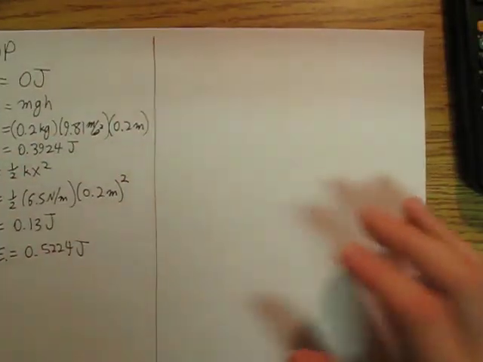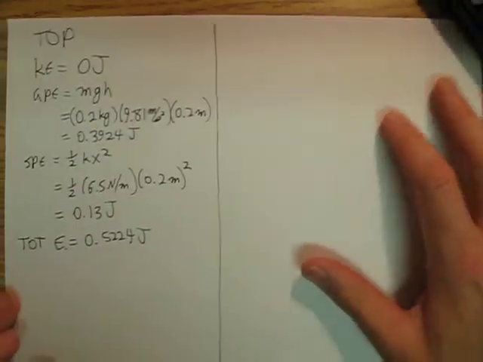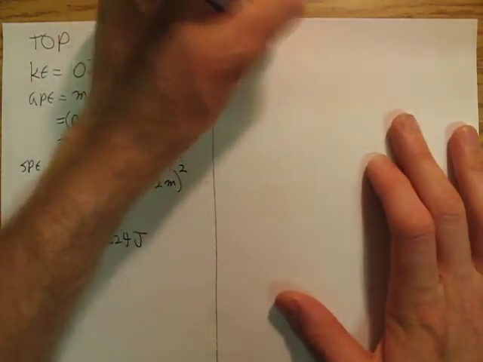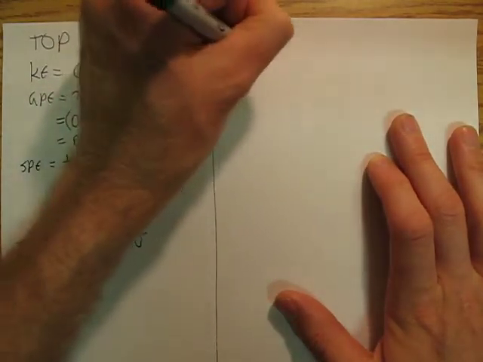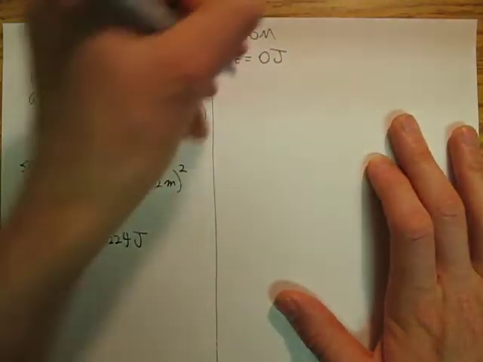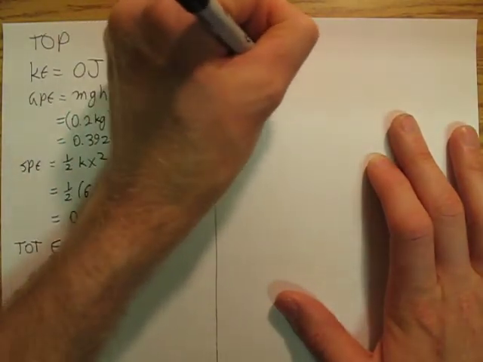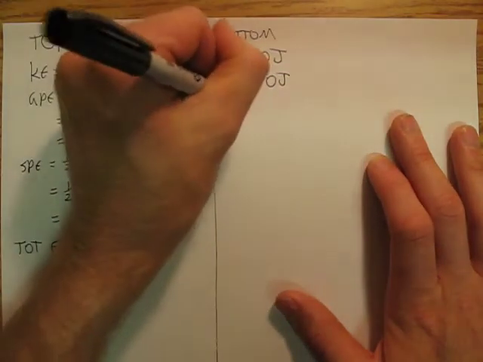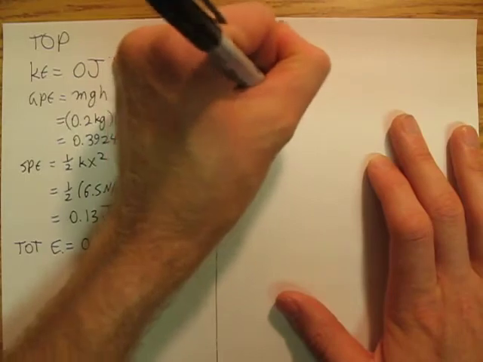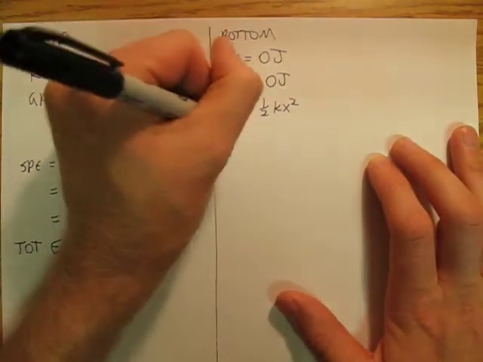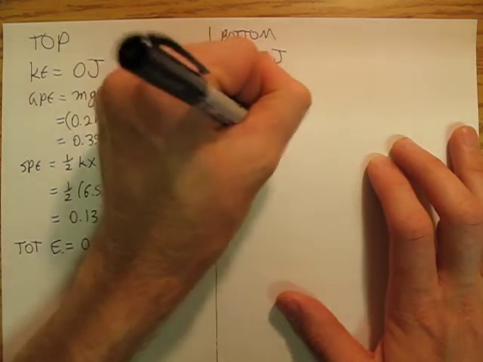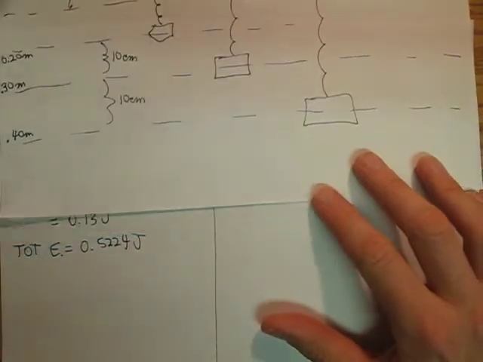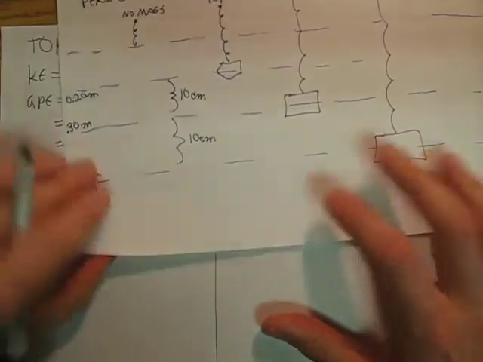Now that's the top, so let's do the bottom. My kinetic energy again is 0 joules because it's not moving. My gravitational potential energy is 0 joules because it's all the way down at the bottom. And my spring potential energy is 1/2 kx squared, so 1/2 times 6.5 times 0.4 squared.